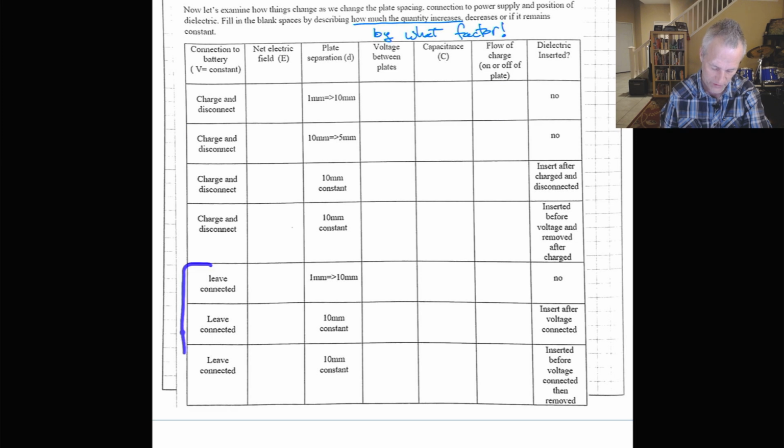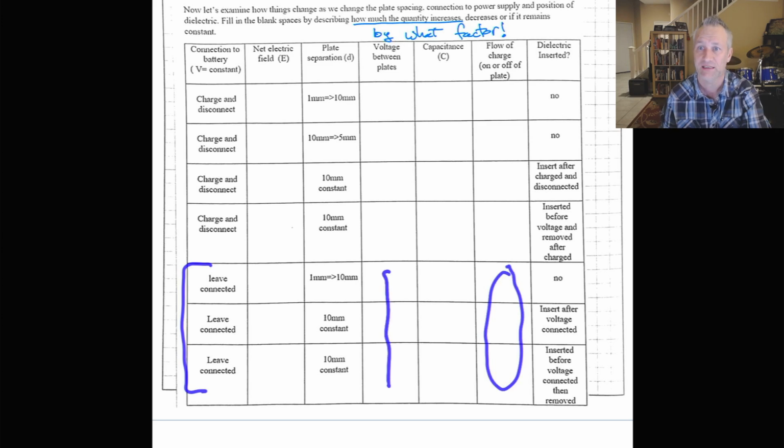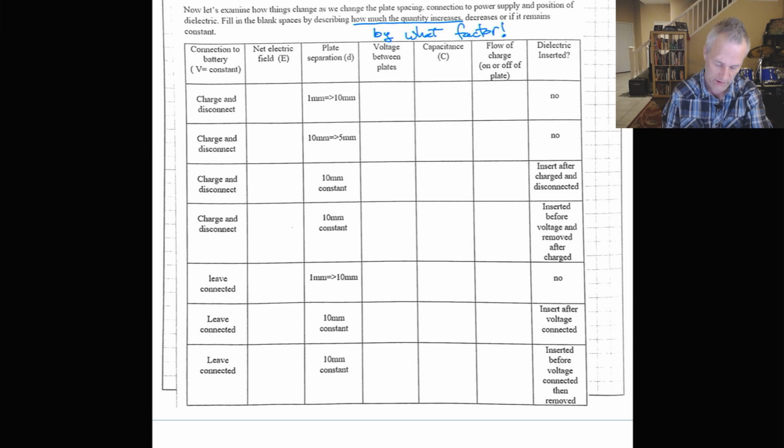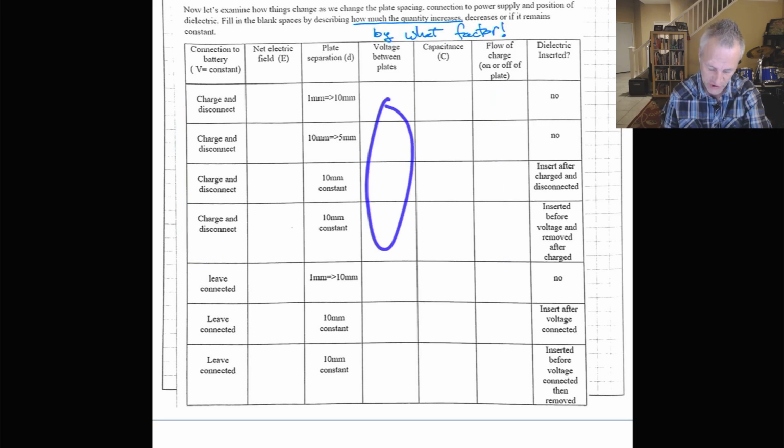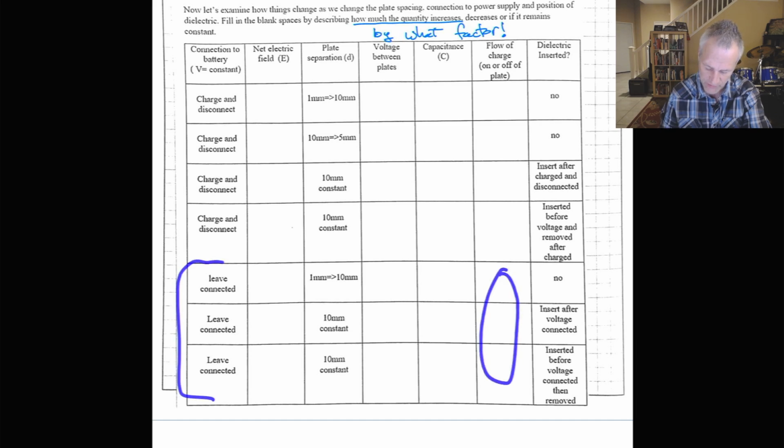If we leave it connected, then the charge can change, but the voltage here would be constant. So again, disconnected means the charge stays the same, but the voltage here could change. When it's connected, the charge can change, but the voltage would stay the same.